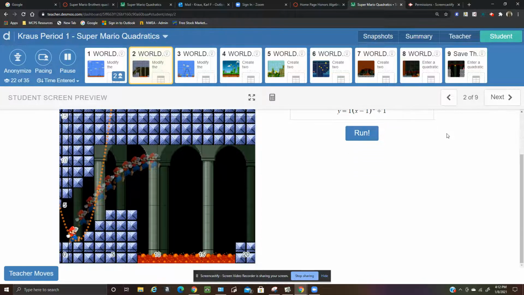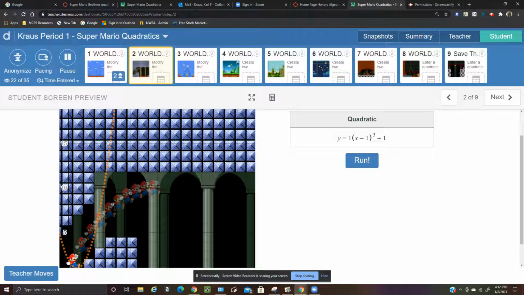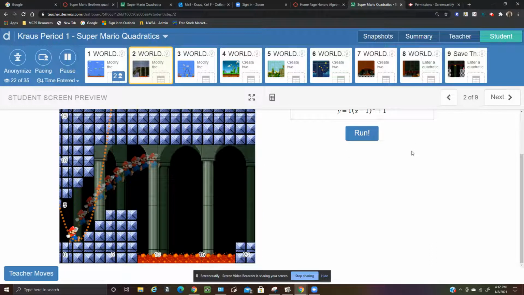And then on slide 2, they give you this parabola right here, x minus 1 squared plus 1. Well, I don't quite want that, but on this one, I would probably use the intercept form of the parabola.